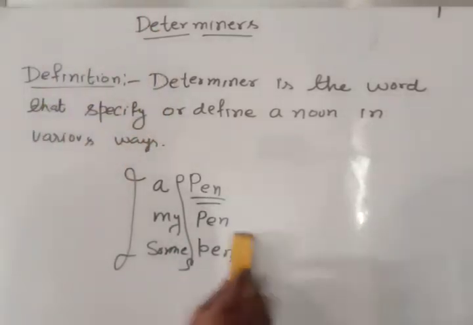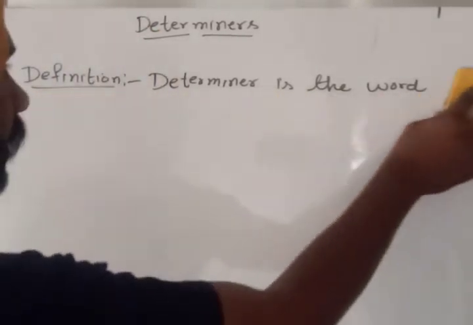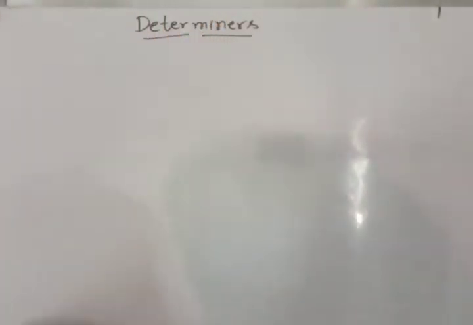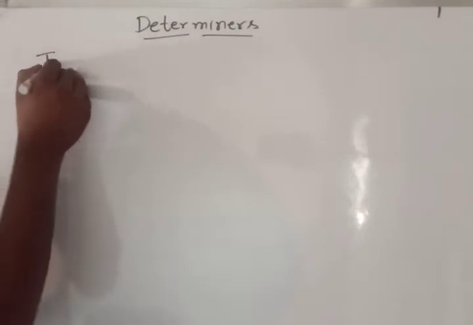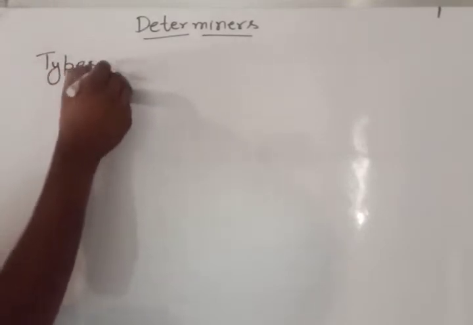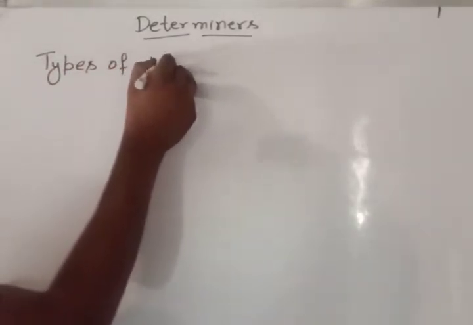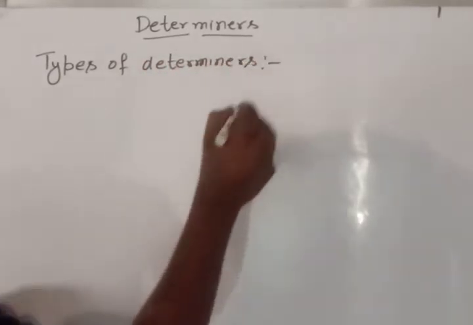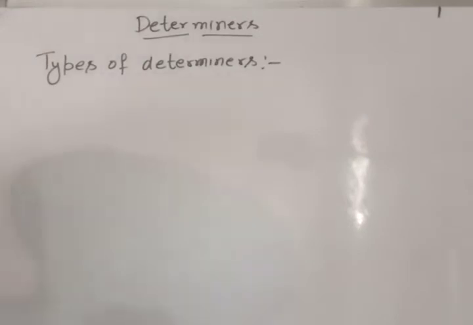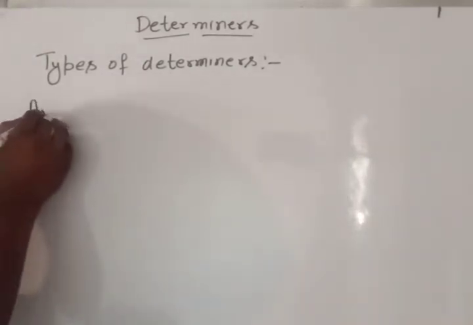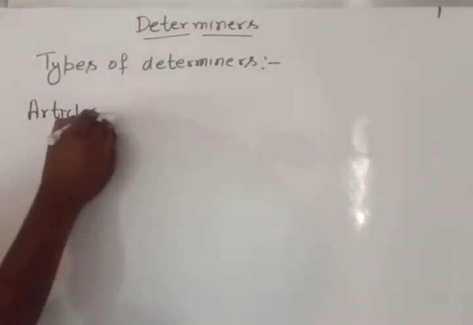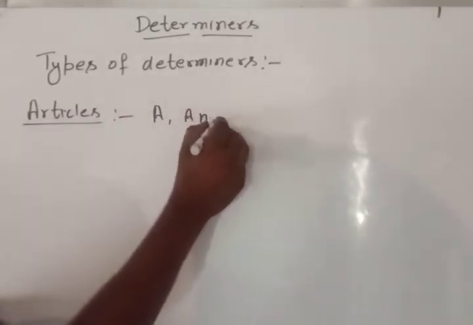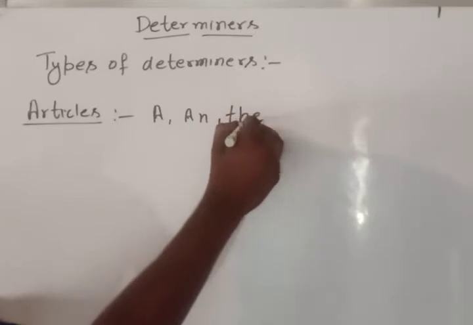Okay, so now I will give you a little description of the types of determiners. Types of determiners. Okay, so first of all we have articles a and the.